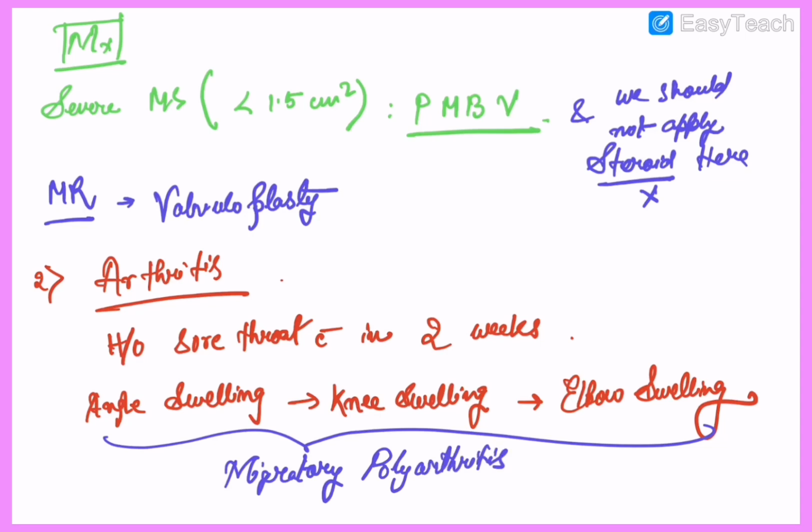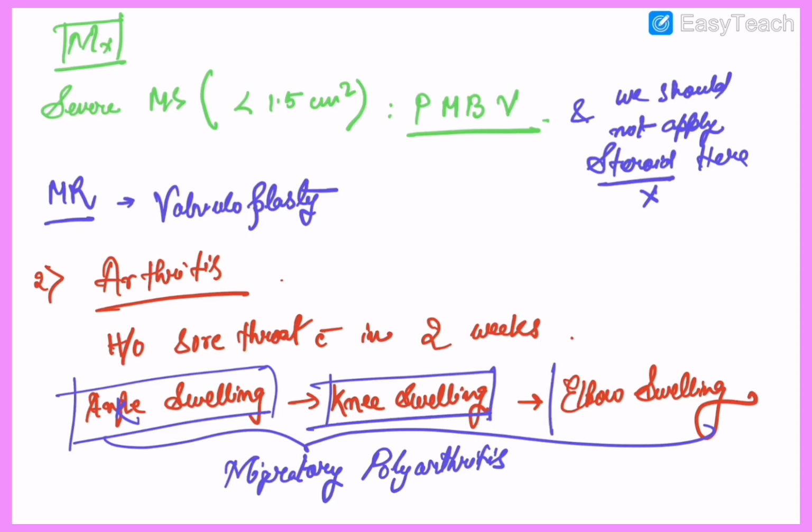Here what happens, suppose the ankle is swelling. After ankle swelling, within 2 days it subsides. After 2 days, knee swelling occurs. Again it subsides. Then the elbow may swell. So the swelling migrates after subsiding, and it is known as migratory polyarthritis.